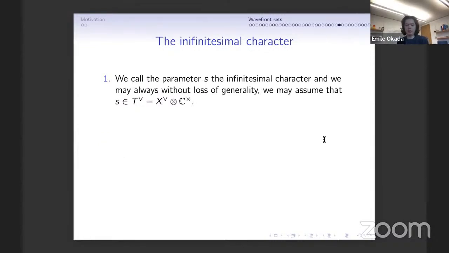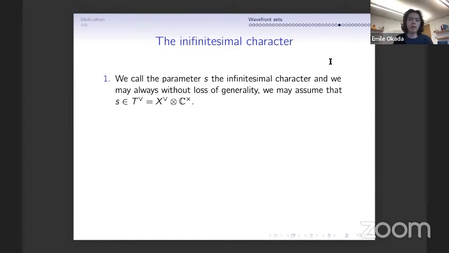And I'm also going to introduce some terminology. I'm going to call S the infinitesimal character of the representation. In the real case, there's a notion of infinitesimal character. In the p-adic case, S often plays that same role, which is why we call it the infinitesimal character here.